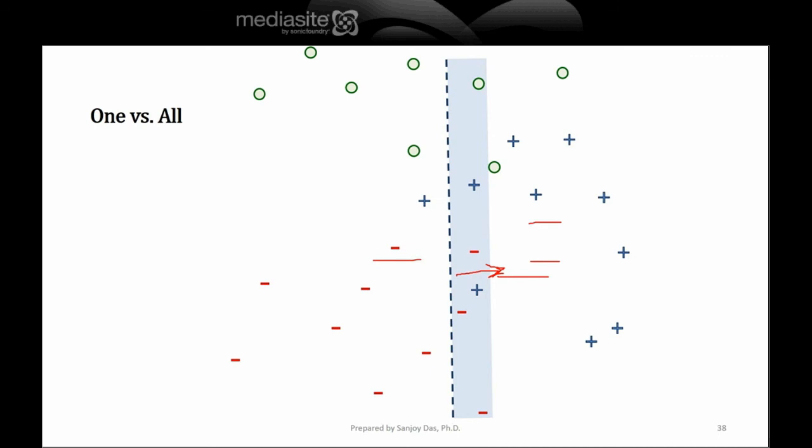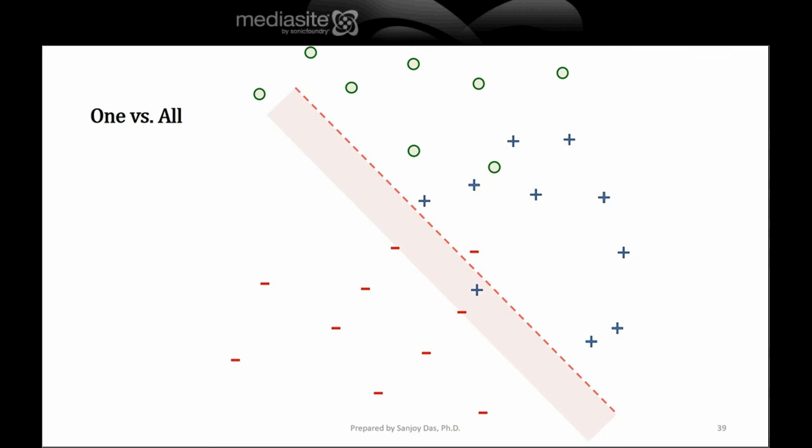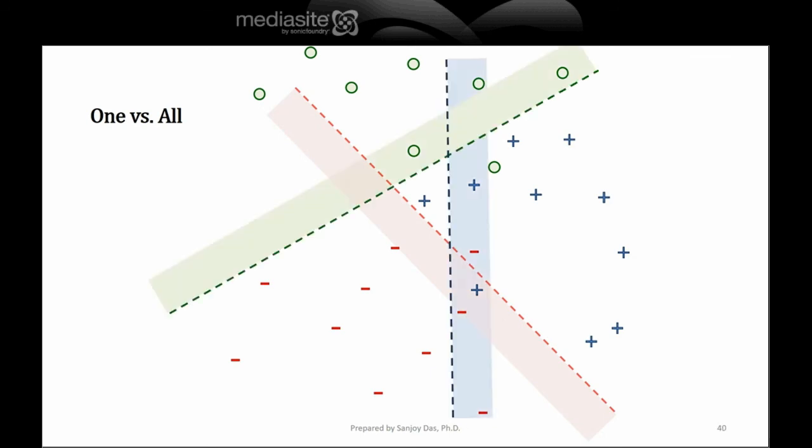Of course, there are some errors here. And likewise for the red. And then this is what the set of hyperplanes look like in the space of sample points, and they are dividing the points into different classes.